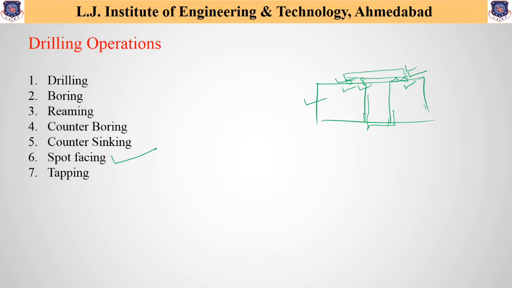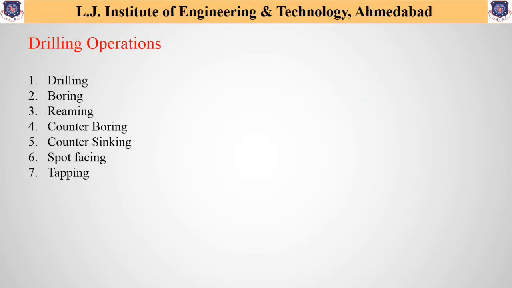So there must be one method which is useful to generate internal threads in the component. So that process is nothing but the tapping process, or the process of generating the internal threads in the component is called the tapping operation.